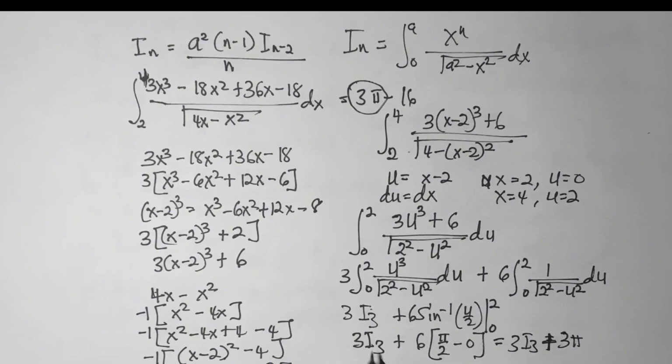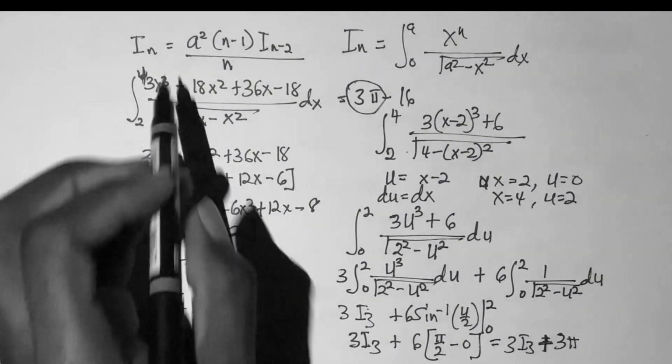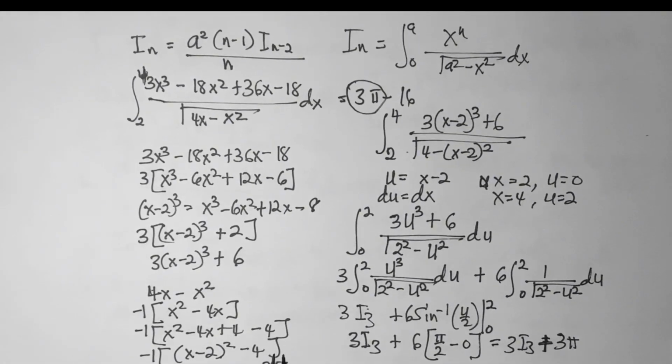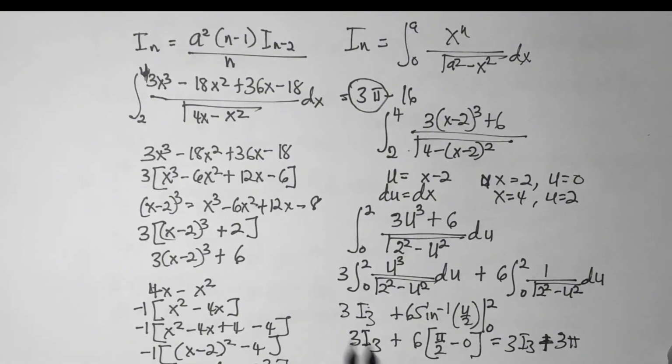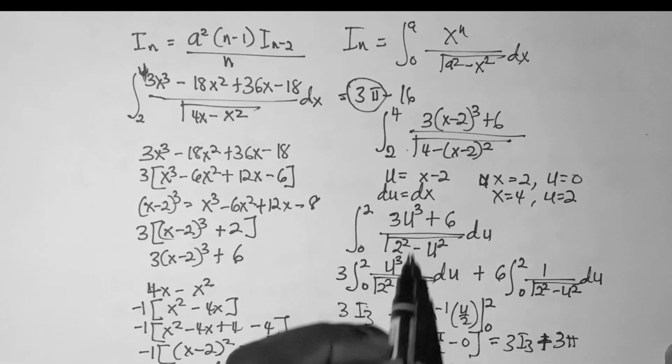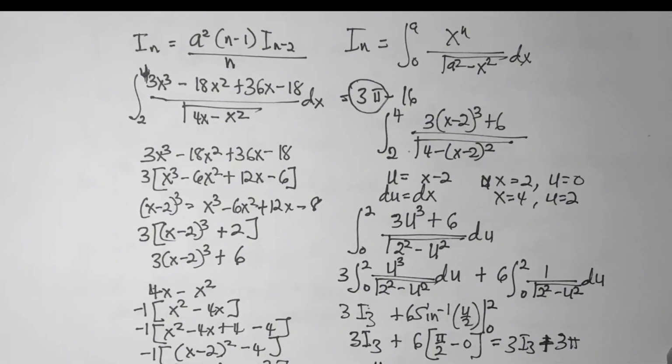But we need to take this I3 and put it back into the formula, because we said I of n is equal to, this is a squared, which is 2 squared, so a is equal to 2.